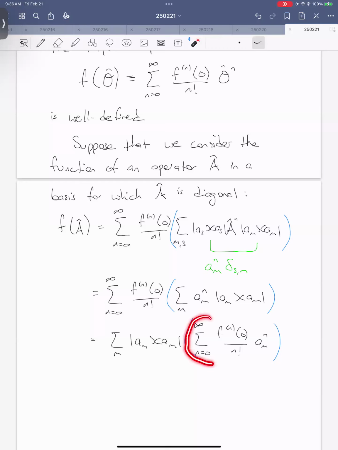And what is this object in the parentheses? Because a sub m is just some number, some real number even, this is simply the function f evaluated at a sub m.